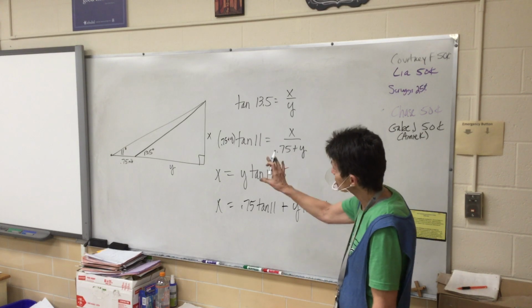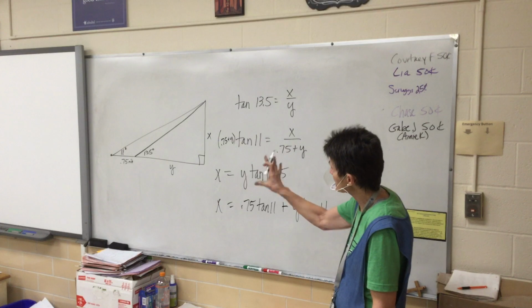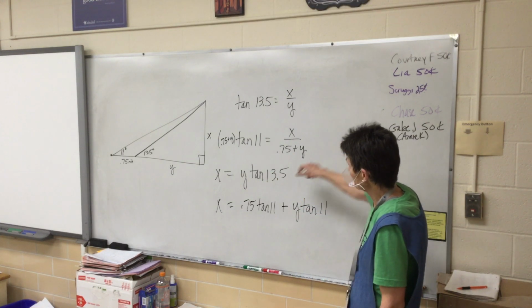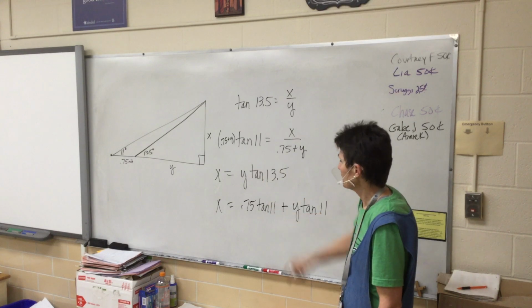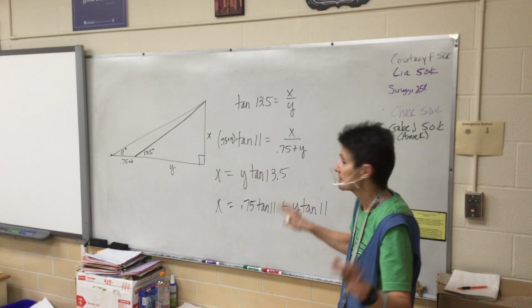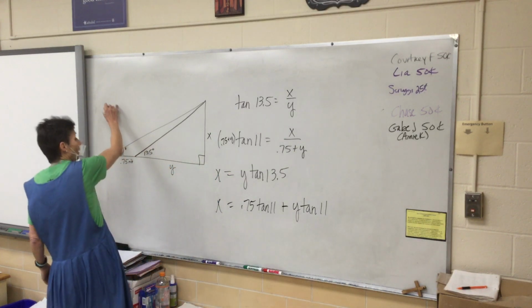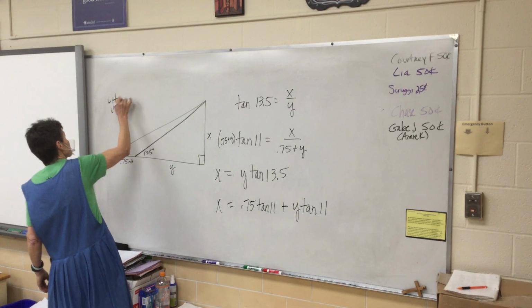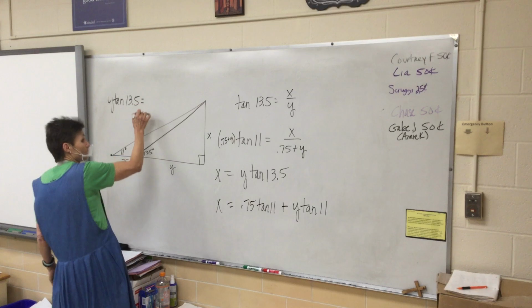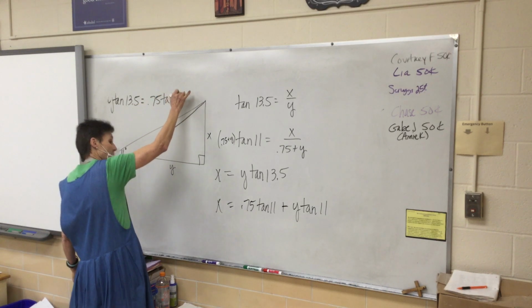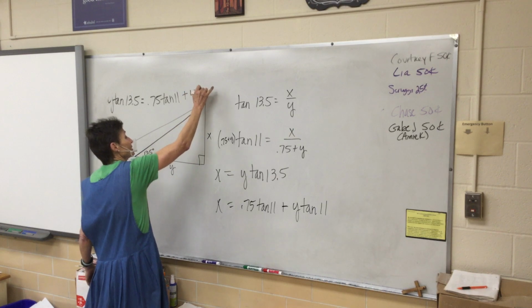So we wrote a tangent equation for the little triangle and a tangent equation for the big triangle, solved both of them for x, got x by itself. Now what? Set it equal to each other. So now we have y tan 13.5 equal to 0.75 tan 11 plus y tan 11.